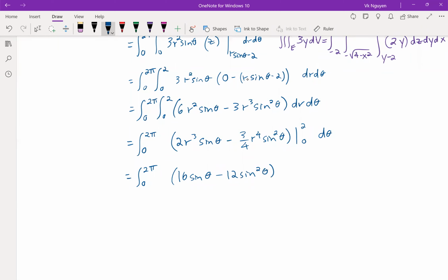And then when you plug in 0, you're just going to get a 0. Okay. Now you just have to integrate this thing. Oh man, you have a sine squared here, so I'm just going to rewrite this as 16 sine theta minus 12 times sine squared, which is half of 1 minus cosine 2 theta.